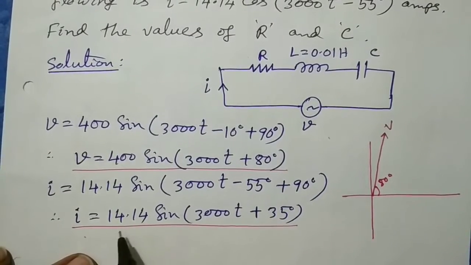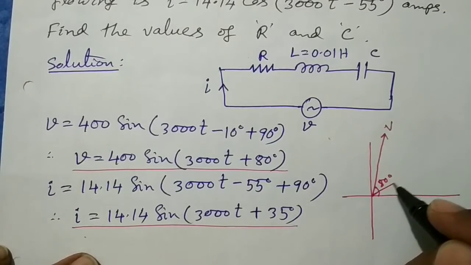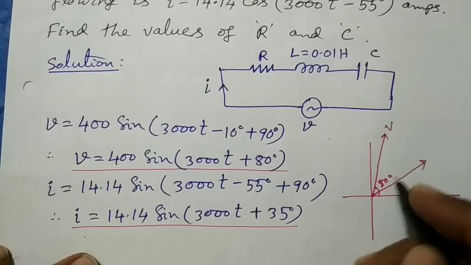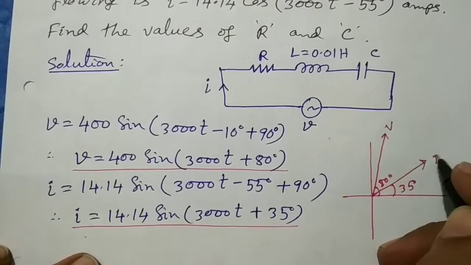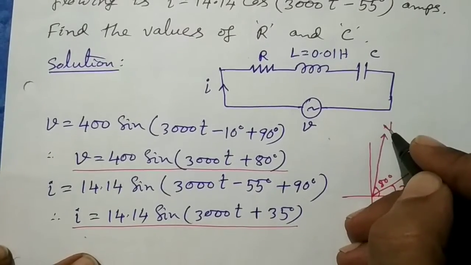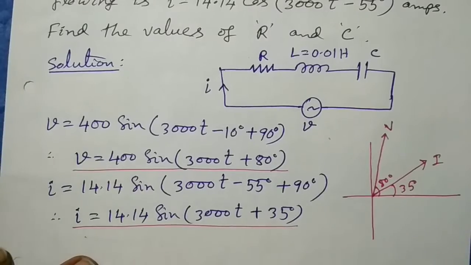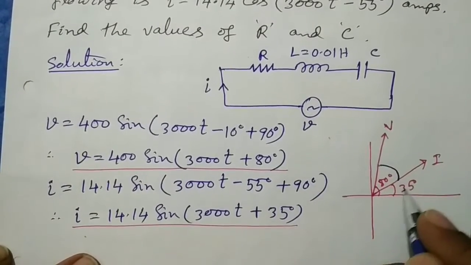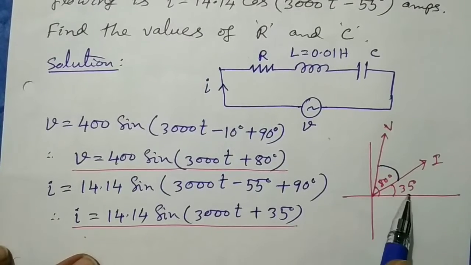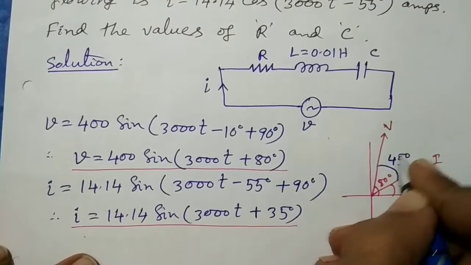The current is Imax sin(omega t plus 35 degree), so it will also be in the first quadrant and make 35 degree with the reference line. The angle between voltage and current will be 80 minus 35, so it will be 45 degree.